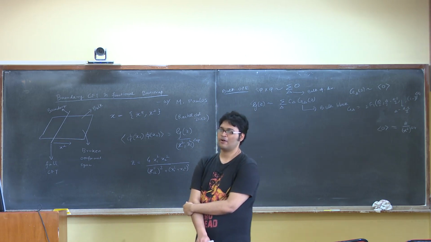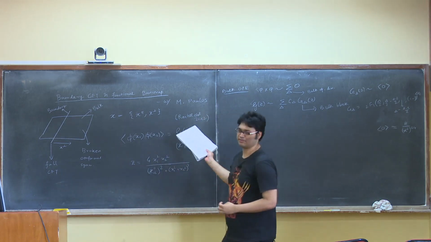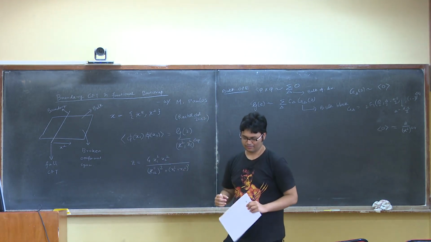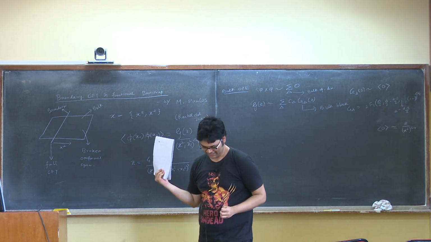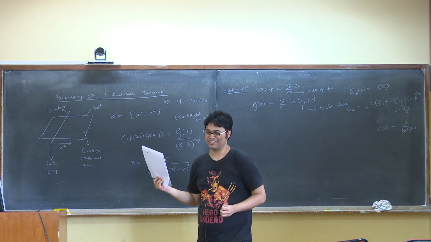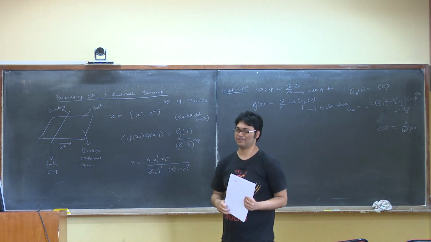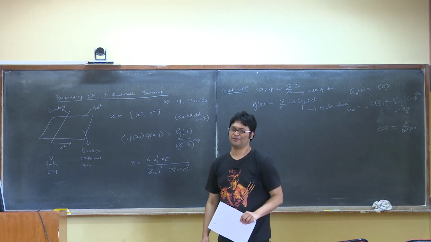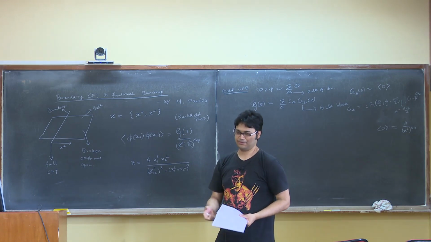No. The most rigorous way, explained in this paper, was the following. They tried to write this whole thing in embedding space. In embedding space, if you have to write a tensor structure, you have to take care of a property called transversality.